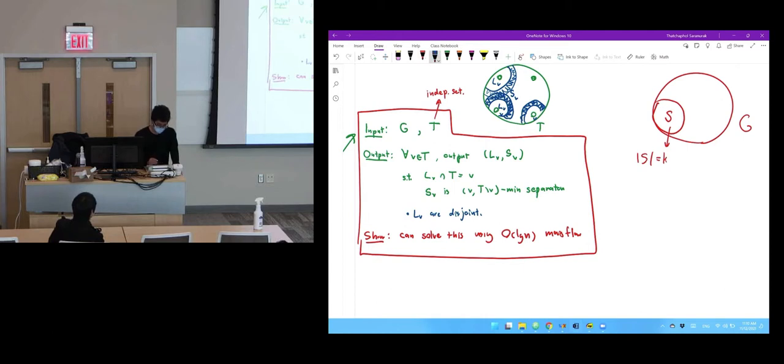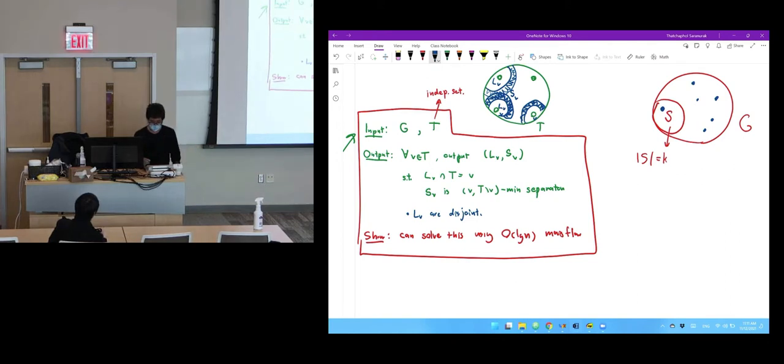Then if I choose each node with probability 1 over k, it's likely that only one node in S will be sampled, and every other sampled node is outside S. Just by choosing probability 1 over k, with some probability this event happens, and you can try several times.